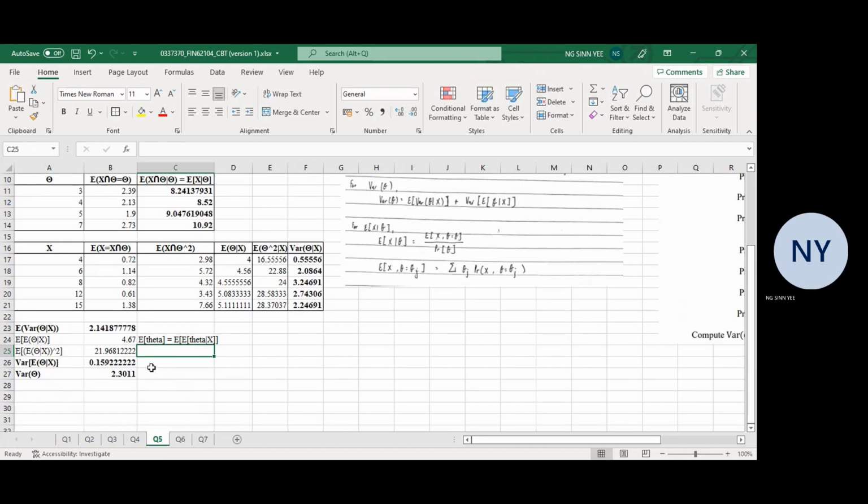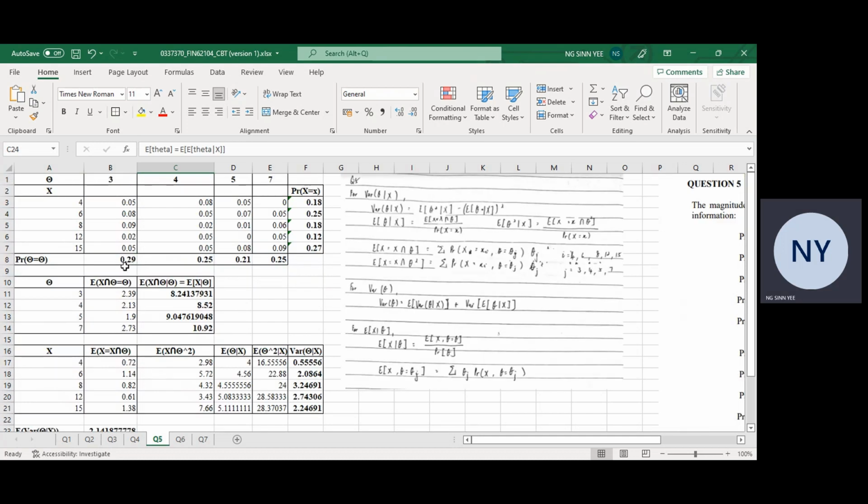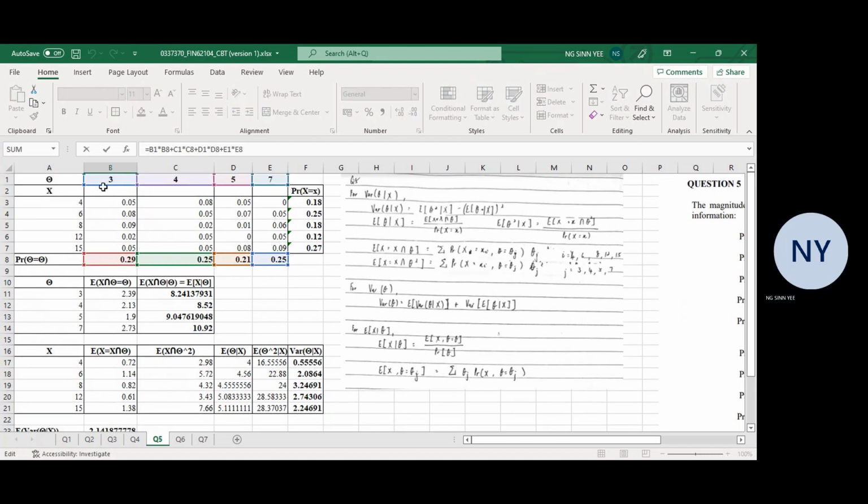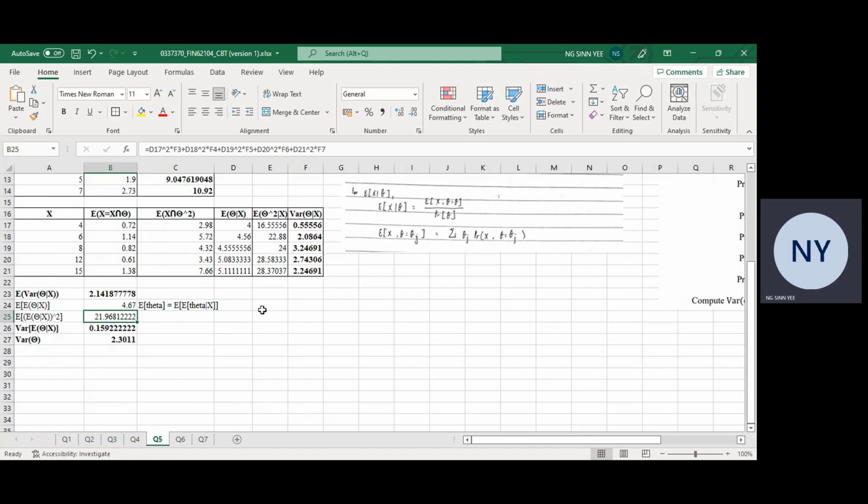So next we will be finding the expected value of data. This is relatively easy to find because we could directly use the double expectation formula, which is E[data] equals to the expected value of E[data conditional on X]. And to find this E[data] is very simple. It's a very basic formula because we could just take the probability of data multiplied by the data value accordingly. Then we will be able to find the expected value.